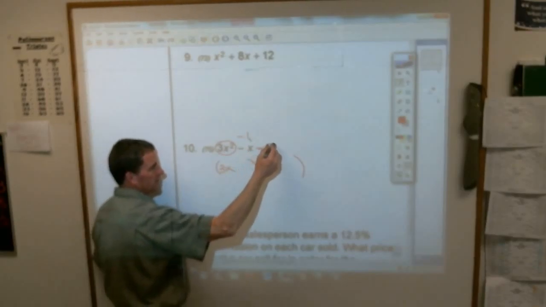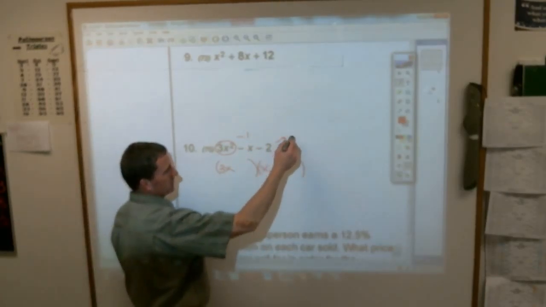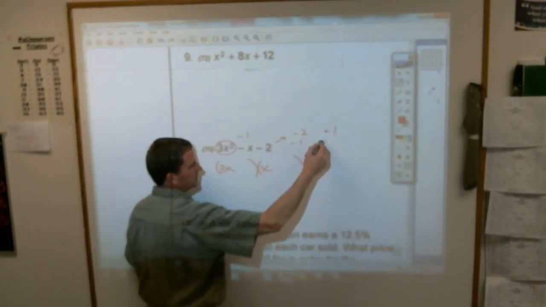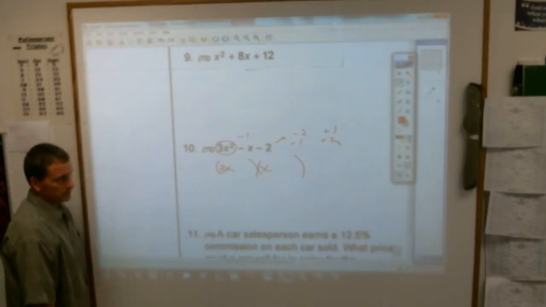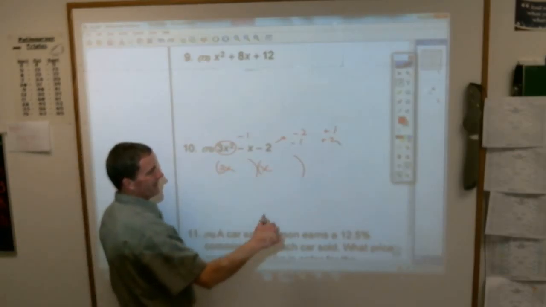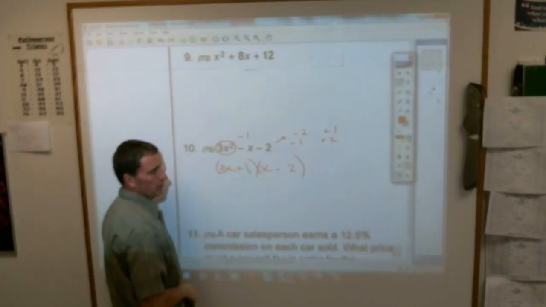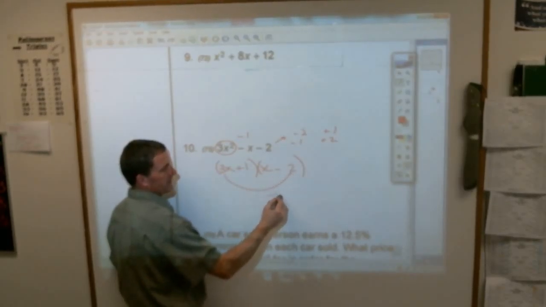I've got to come up with a -1 when I put my numbers in these 2 spots. The nice thing is with the -2, there's really only 2 choices you have. It's either got to be -2 times a +1 or a -1 times a +2. Those are the combinations that give you that. And then it's just trial and error. If I put a -2 here and a +1 there, what do I get for my middle term? -6x for that and a +1x for that.